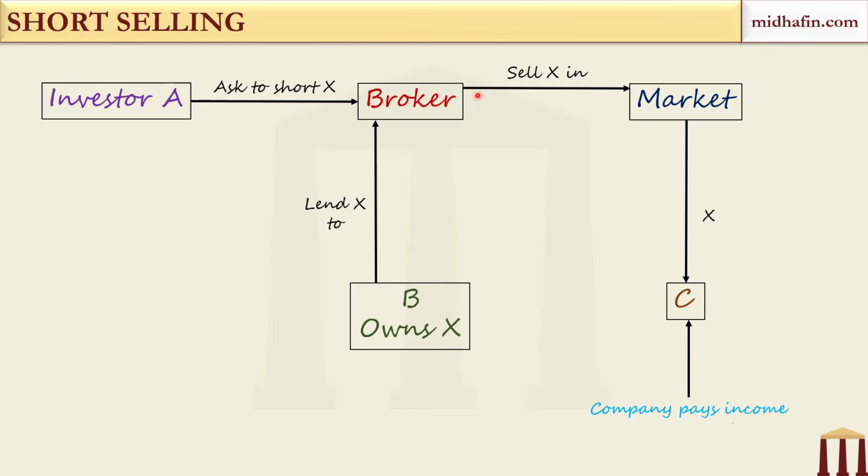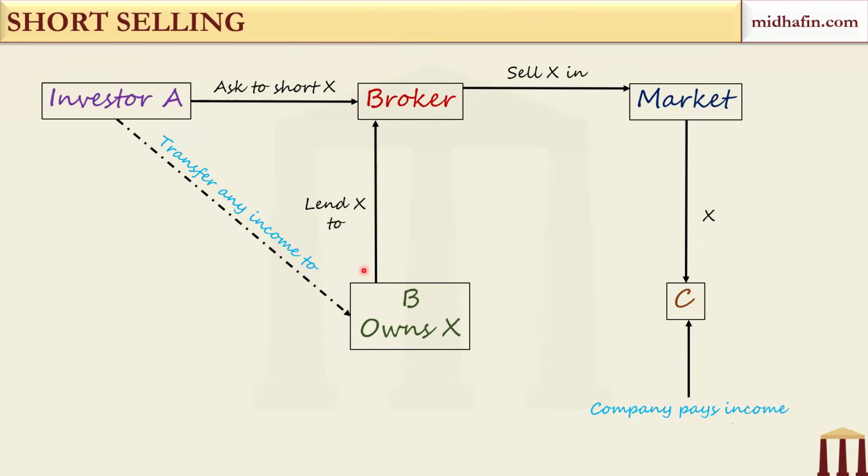So who will give that income to B? Exactly. A will be responsible to give the same amount of income that the company is paying to C. A will be transferring the same income to B because B has not sold, it has actually lent that asset.